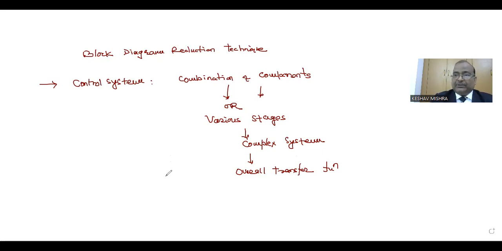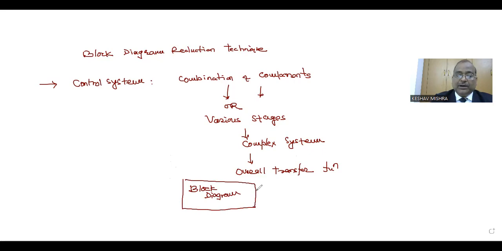in the block diagram reduction technique, in this approach we will represent the stages by using block diagrams. Various stages will be represented by blocks, and all these blocks are connected together.